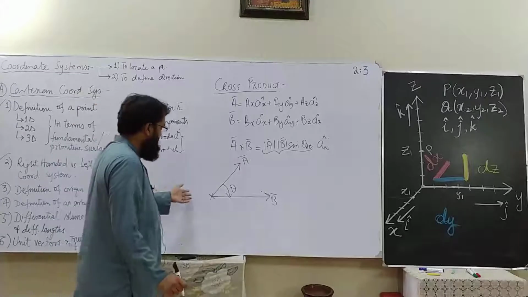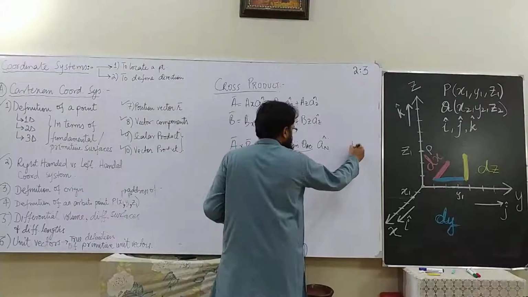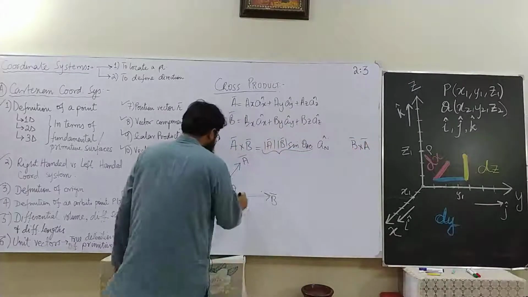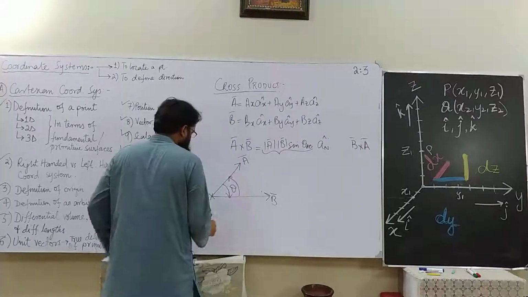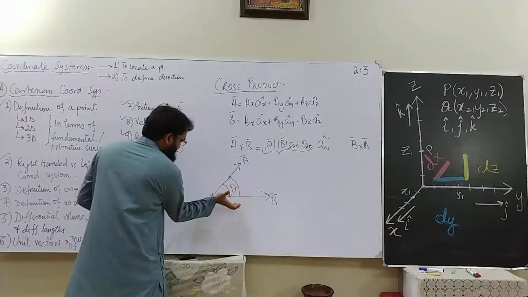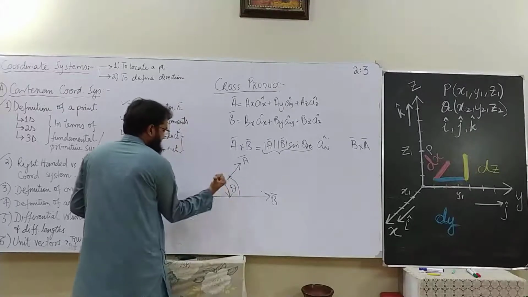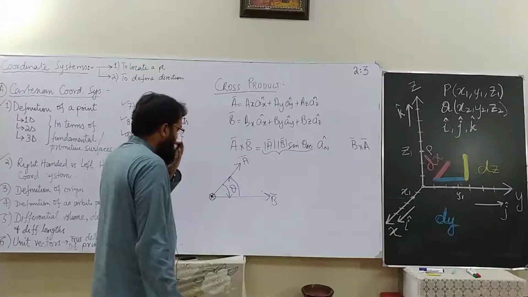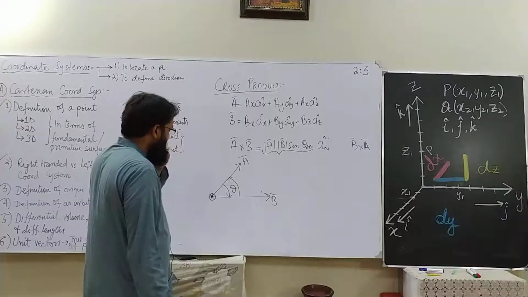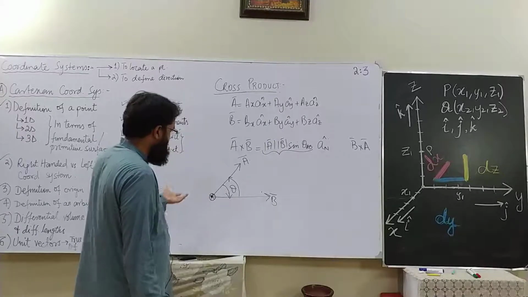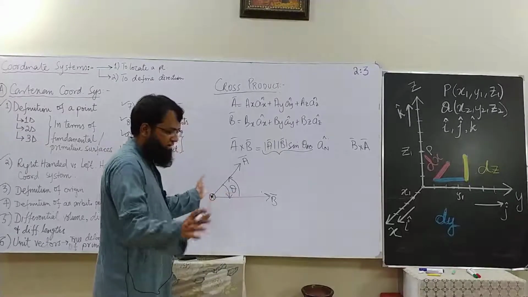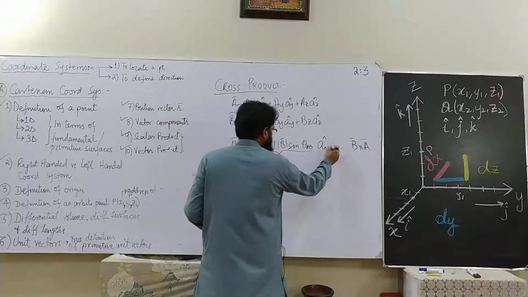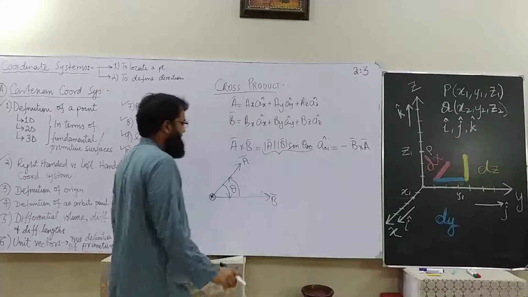And if we have B cross A, then we have to measure the angle in that direction and curl your fingers from B to A, and then the thumb will show you the direction of the resultant vector. So magnitude is always the same, the only thing that differs is the direction, and that direction is 180 degrees out of phase. So we can say that A cross B is nothing but negative of B cross A.